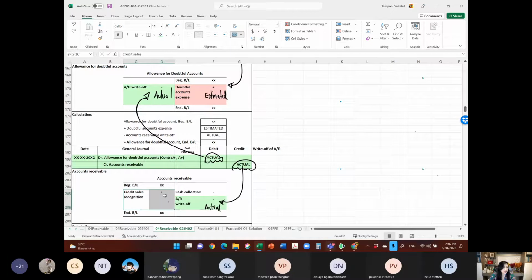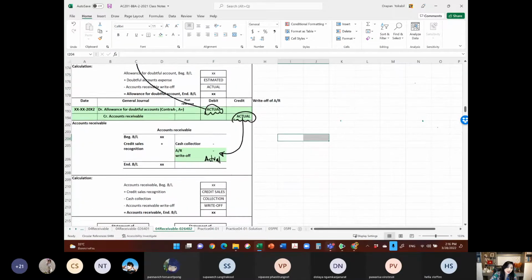So when you make sales on credit, the accounts receivable will be increasing. And whenever you collect the money, then the accounts receivable will be decreasing. Another reason is when you write off the accounts receivable, it will be decreasing as well. Okay, so from this understanding, I would then write down the calculation.